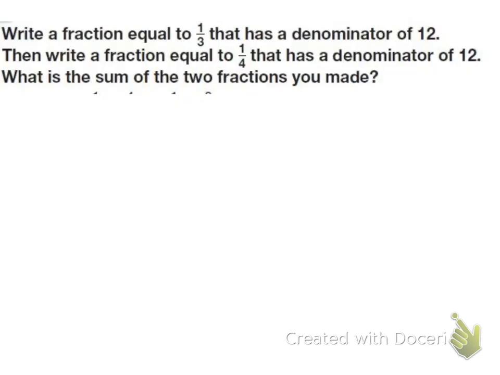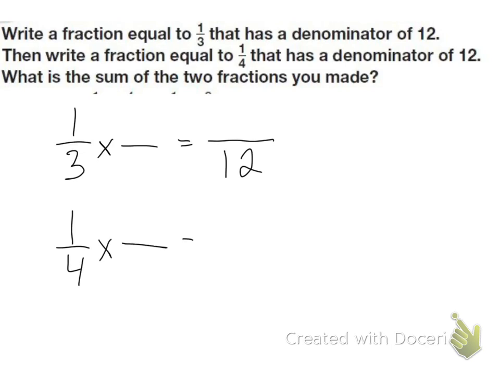Okay. On this next one, it says, write a fraction equal to 1/3 that has a denominator of 12. Then write a fraction equal to 1/4 that has a denominator of 12. What is the sum of the two fractions you made? So we're going to have to do this in 2 steps. So I'm thinking 1/3 times what equals something with 12 on the bottom. And then the same, I have 1/4 times a fraction equals something with a denominator of 12.